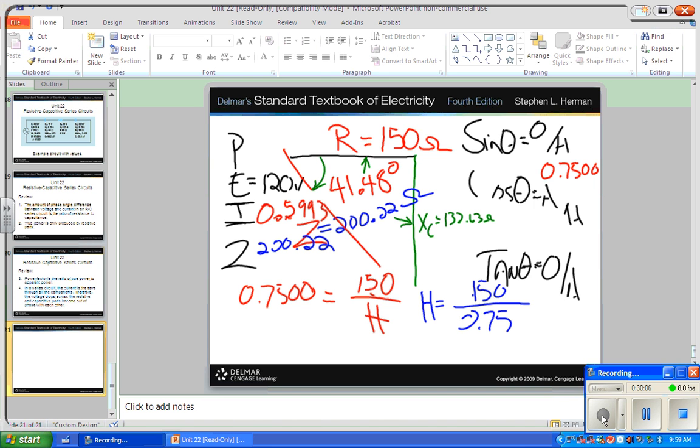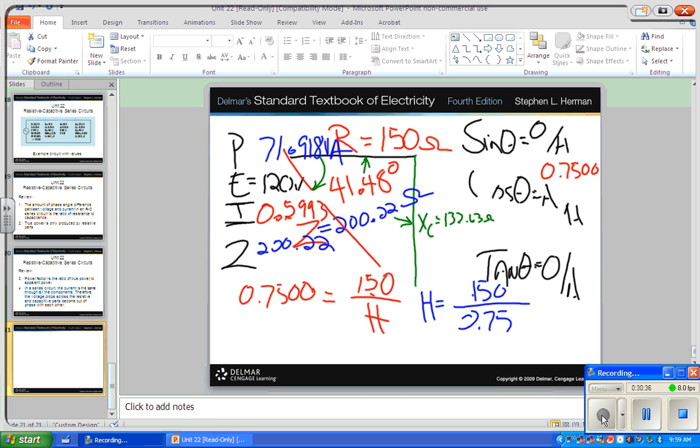Because now, what do you have in your calculator right now? 0.5993, right? You've got that long, accurate number. Now hit times 120, enter. Still haven't hit erase for a while, have you? So what number are we going to get? 71.918 VAs.